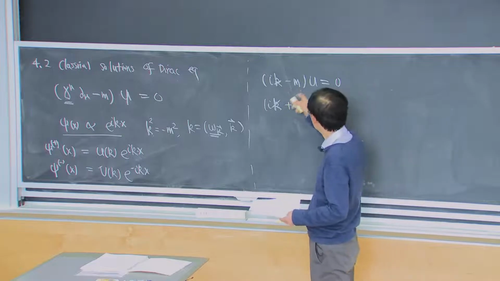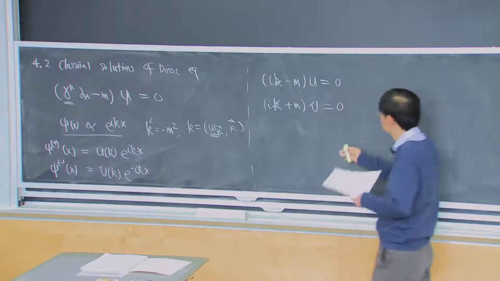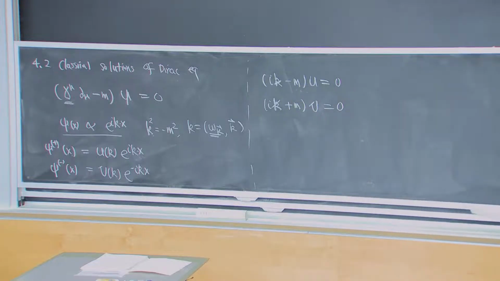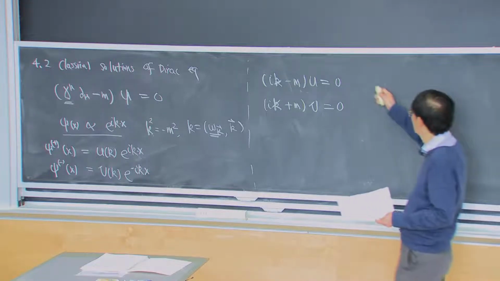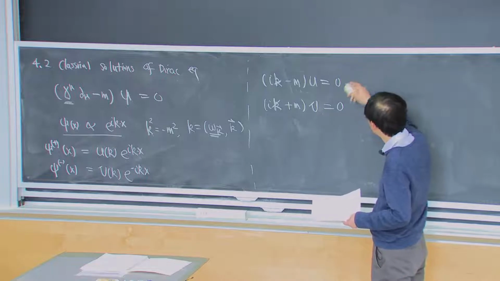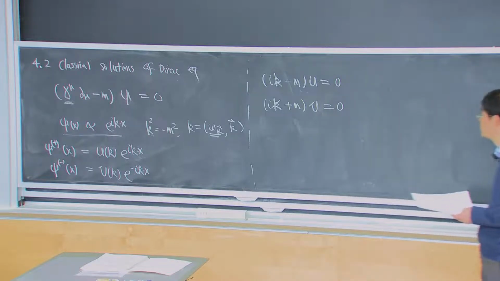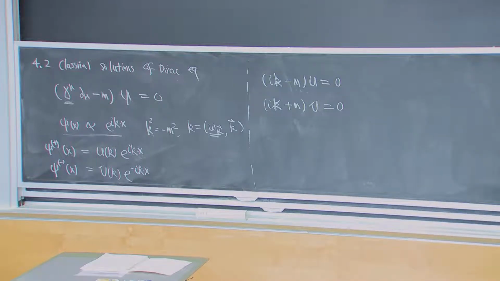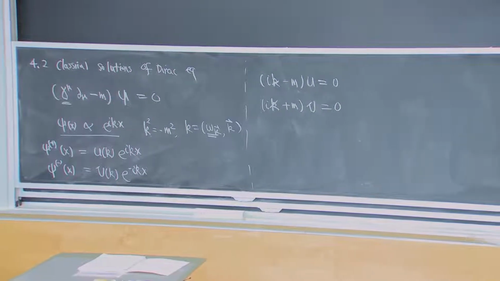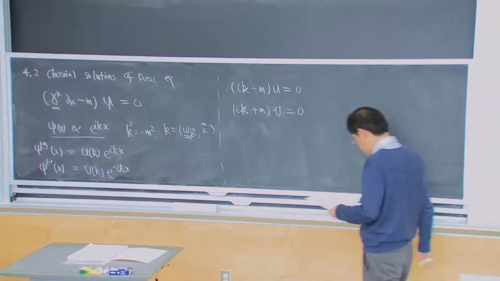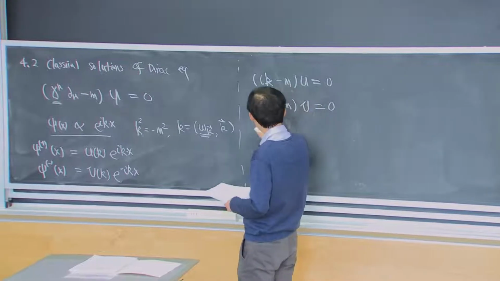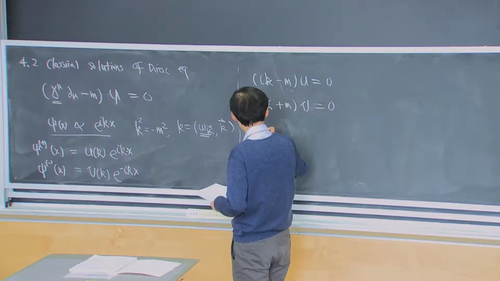So those equations are just linear equations, and in principle, you can just solve them. But still, there are tricks for how we solve them, so that it's mostly transparent. There are two methods of finding u and v.